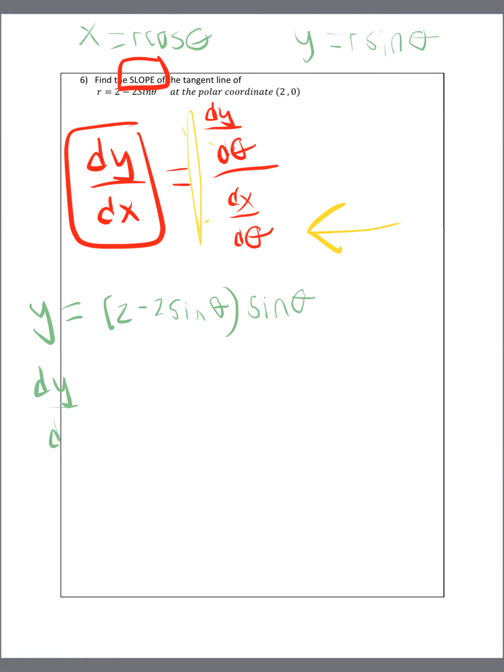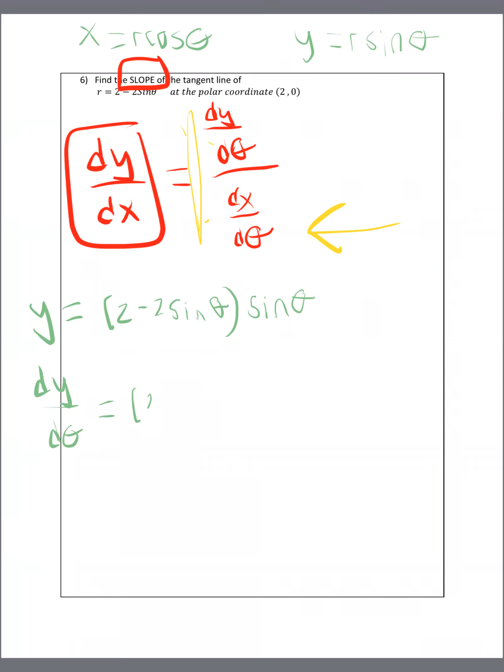You take the derivative of what's inside the parentheses and write that first. What is that? It's 2 cosine theta. You're forgetting a sign. Negative 2 cosine theta, right?